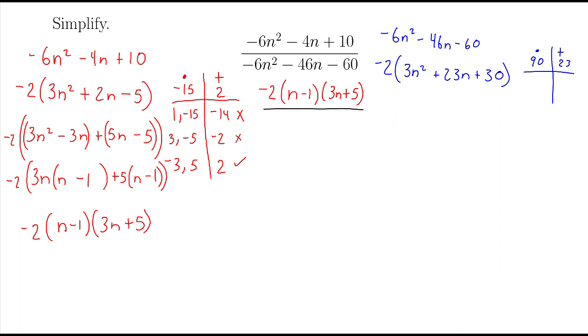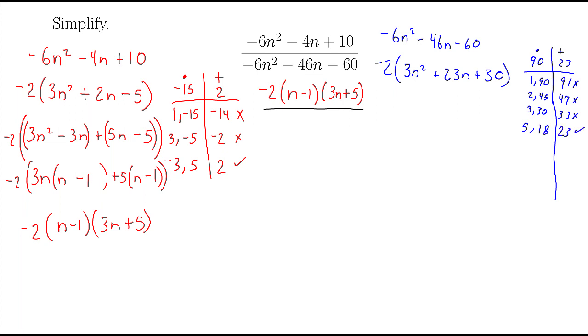1 and 90, that's 91. That's not good. We could do 2 and 45. That's 47, not good. We could do 3 and 30. That'd be 33. Not so good. We could do 5 and 18. There we go.